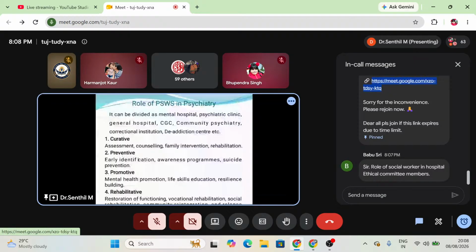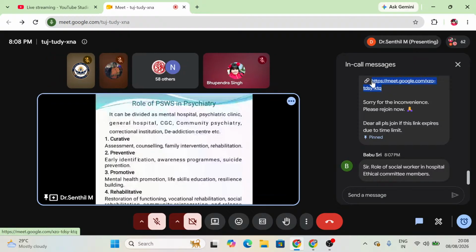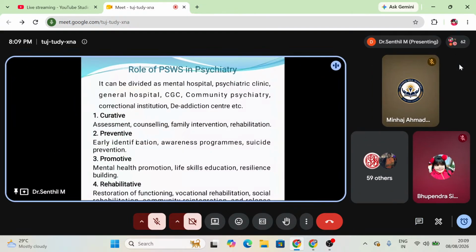Then comes the promotive role. Promotion focuses on strengthening positive mental health. What is positive mental health? Such as mental well-being, life skills education, and resilience, the positive or protective factors. So promotion is to work with protective factors such as resilience, self-esteem, and social support.